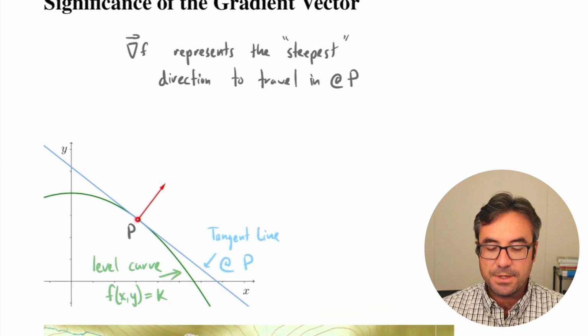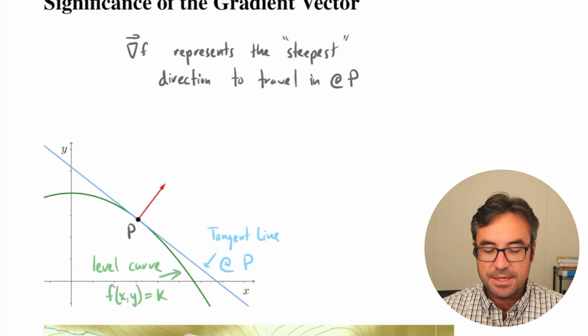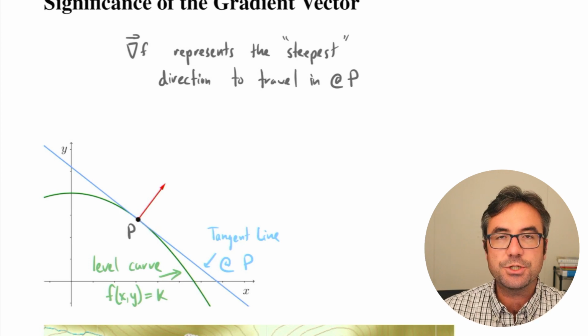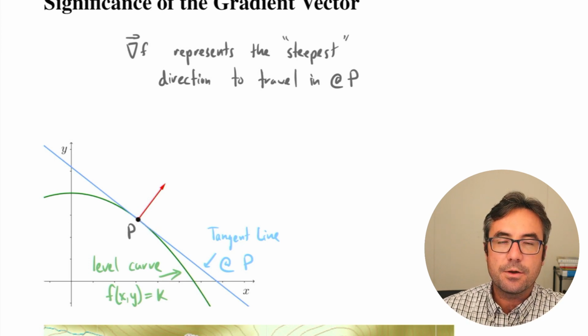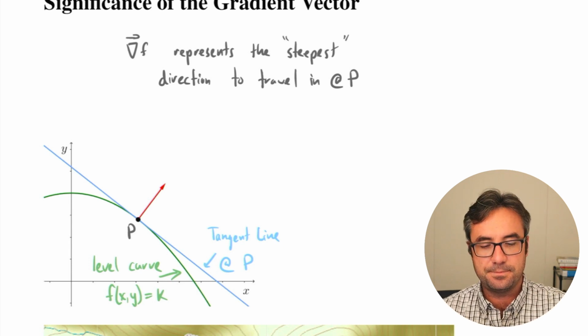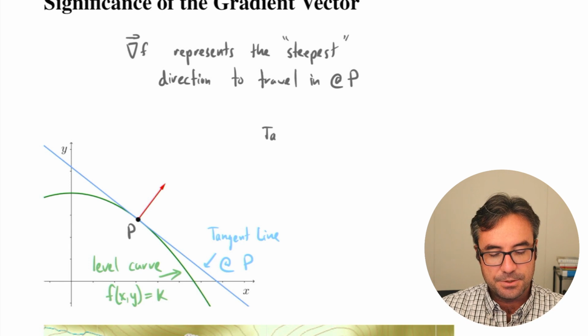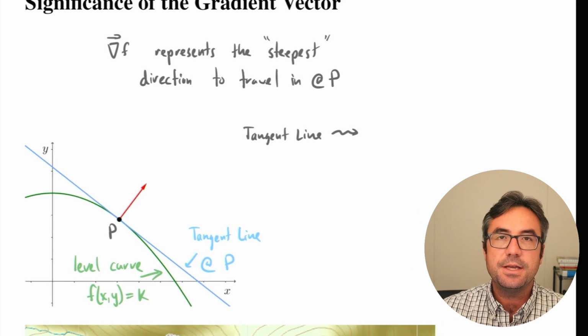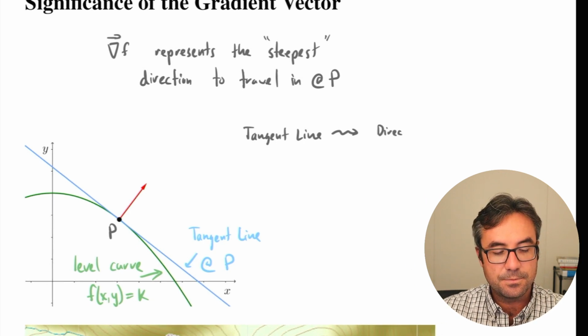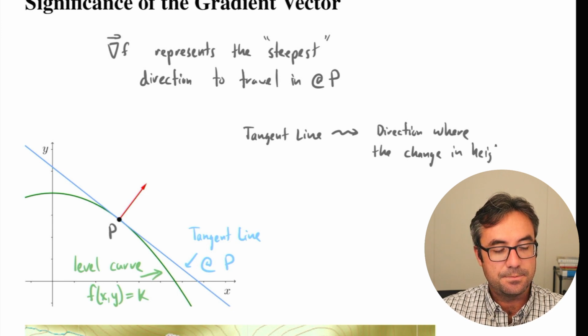The tangent line, or the tangent vector, is telling us the directions to go in where the change in height is going to be 0.